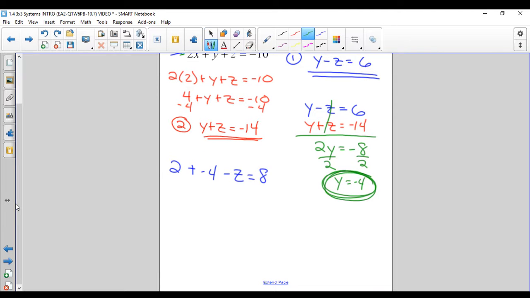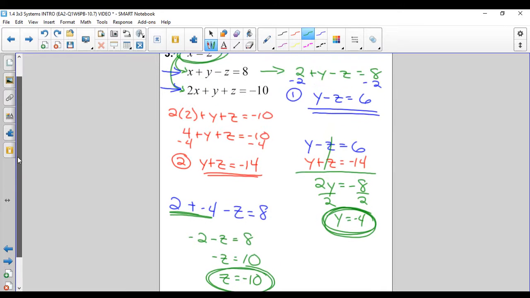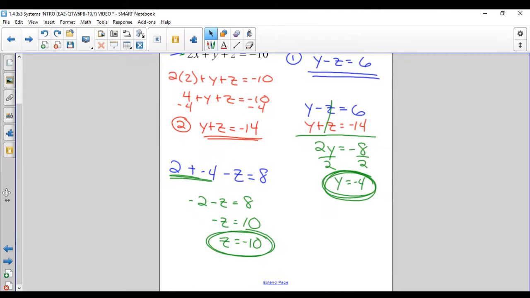Let's finish it out. 2 plus negative 4, or 2 minus 4, is negative 2, minus z equals 8. Negative z is going to equal positive 10. So that means positive z equals negative 10. We have x, which is 2, y, which is negative 4, and z, which is negative 10.